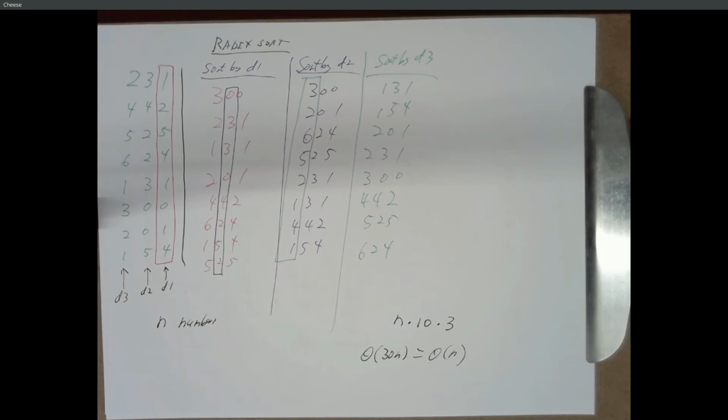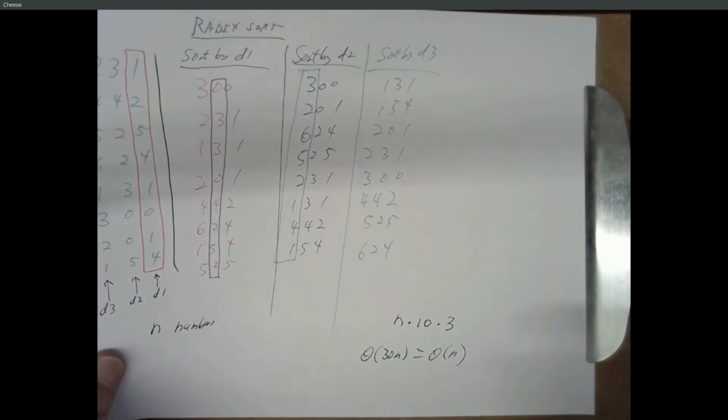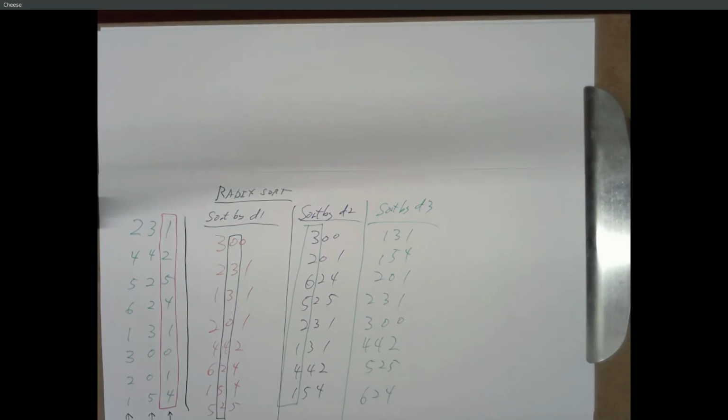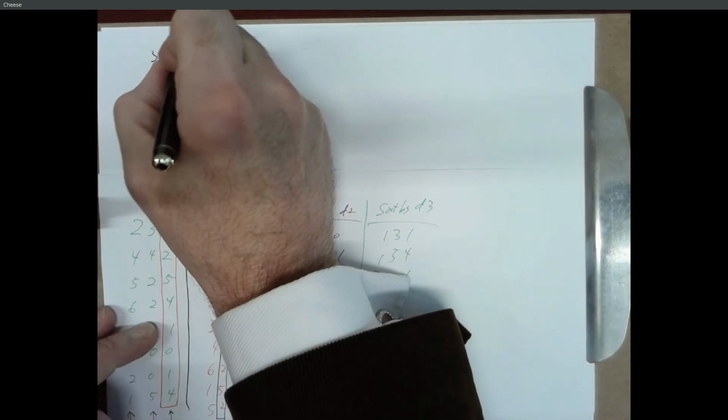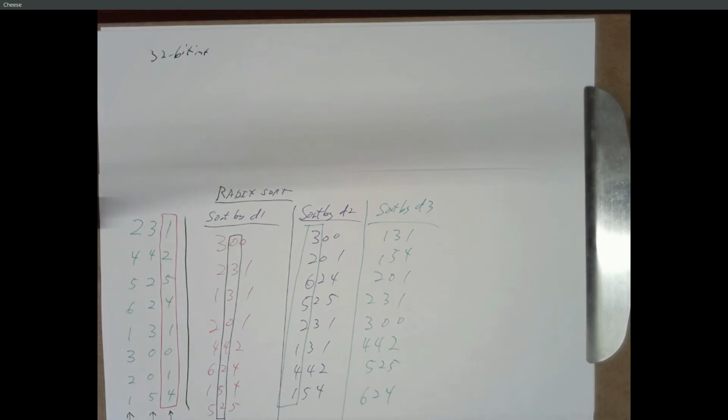So let's try this with integers. Let's just think about sorting 32-bit integers. Let's not go binary yet. Suppose we have 32-bit integers. Well, what's the largest 32-bit integer? 255? 32 bits. That would be 8 bits.